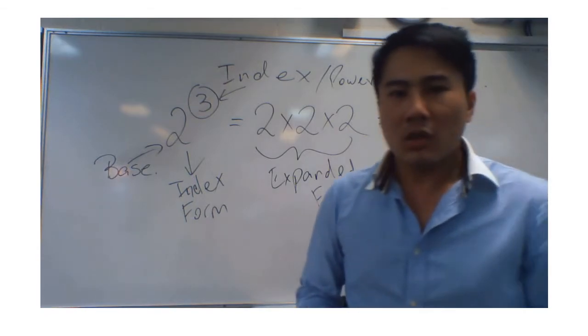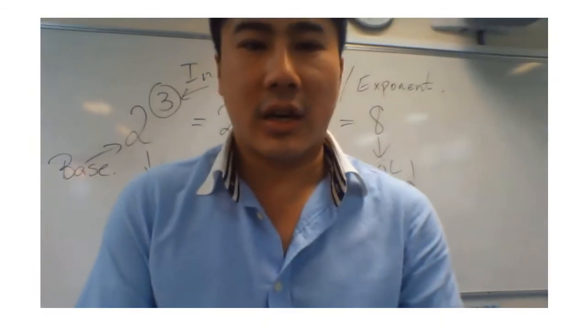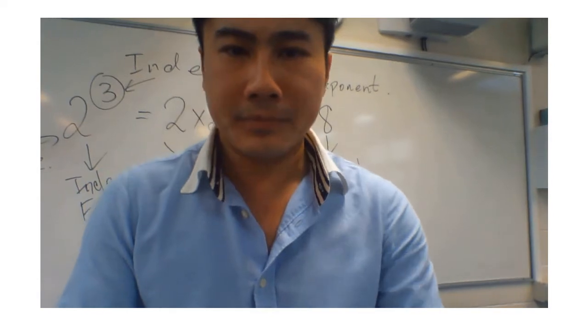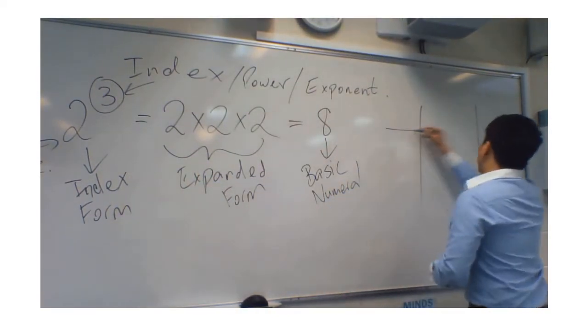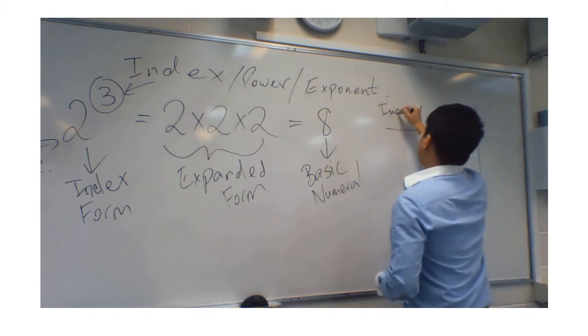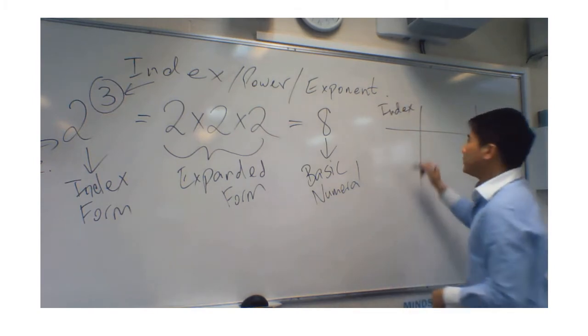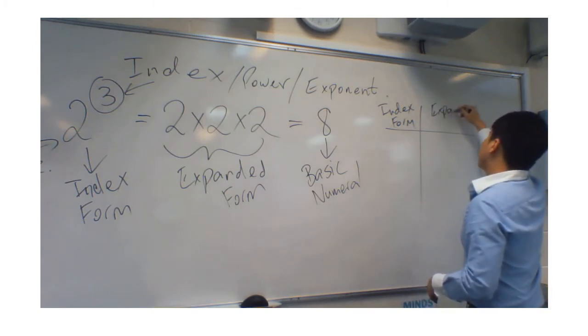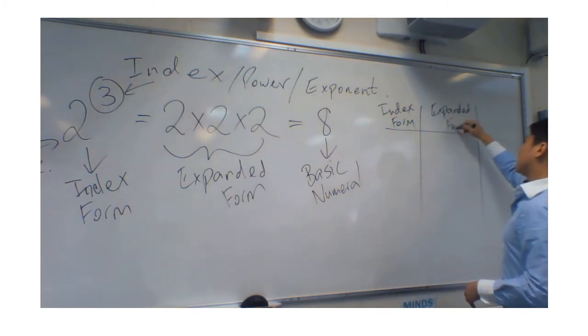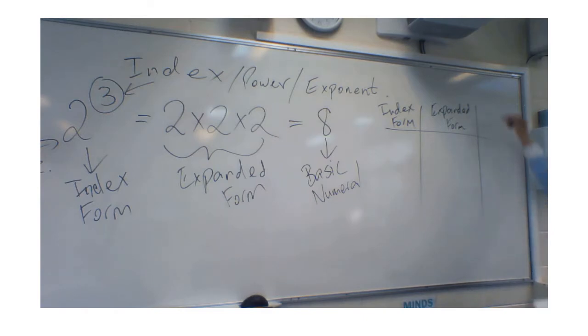Alright? So let's try a little exercise before we go on. In your book, I want you to have 3 columns. The first column is called the index form. Then we are going to have expanded form. And then we are going to have basic numeral. Alright?